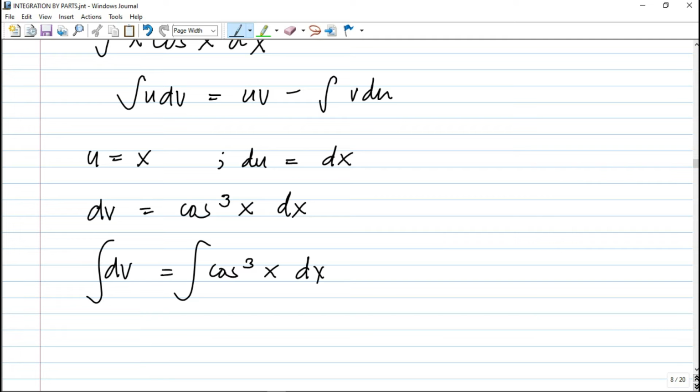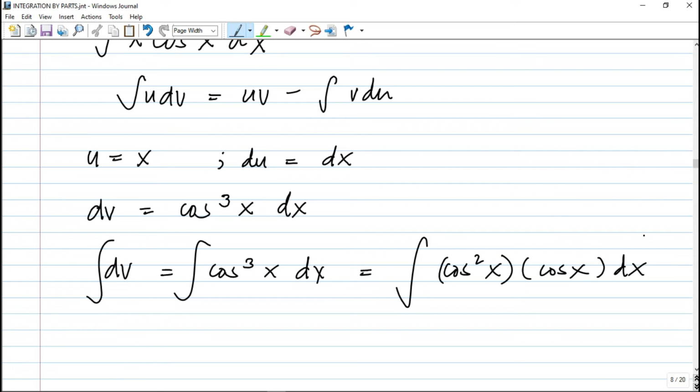But if you are dealing with this type of function wherein yung trigonometric functions natin is meron siyang exponent, pwede natin siyang gamitan ng trigonometric substitution. Okay, etong cosine cube x, i-breakdown natin as integral of cosine squared x times cosine x dx.